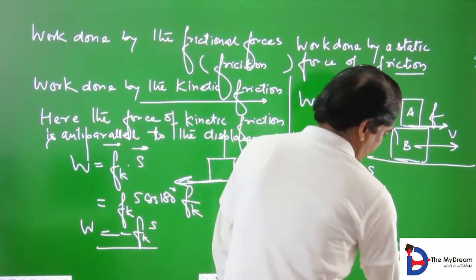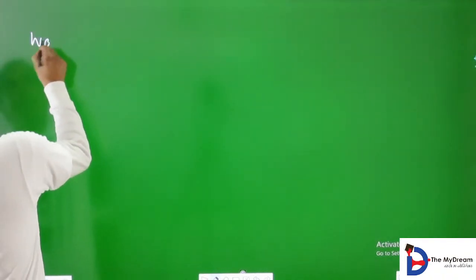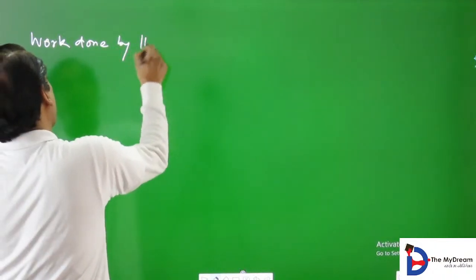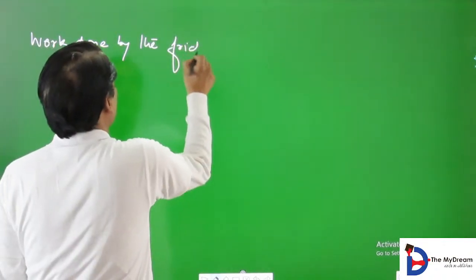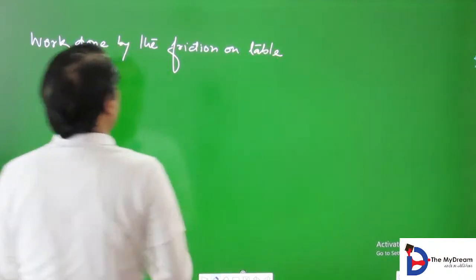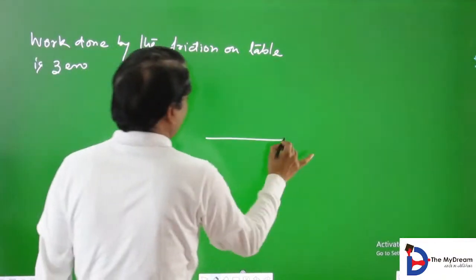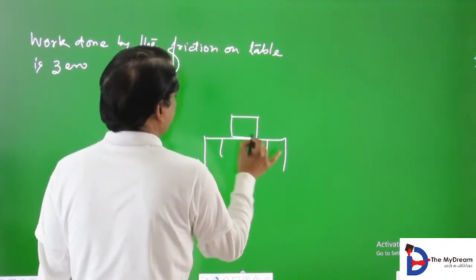Now, work done by the friction on a table is 0. This is the table over which there is a block.